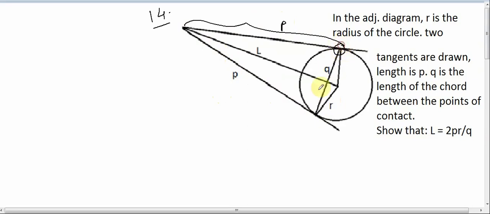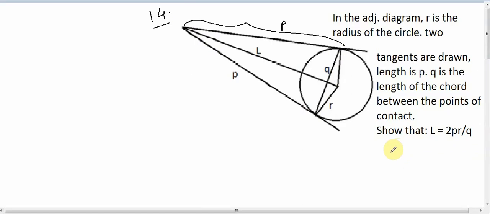So these are the 2 points of contact, and we draw the chord, and the length of the chord is Q. And L is the length of this segment drawn from this point to the center of the circle. And we have to show that L is equal to 2PR divided by Q.